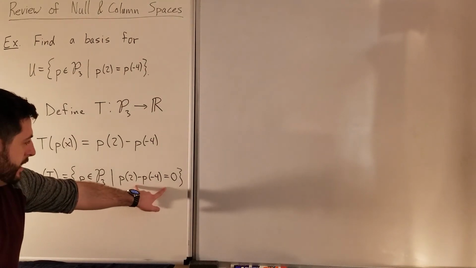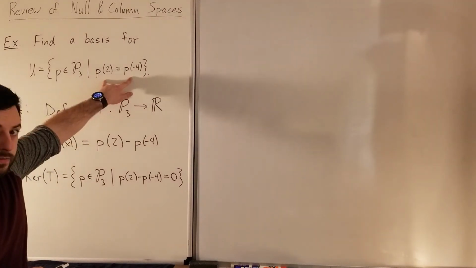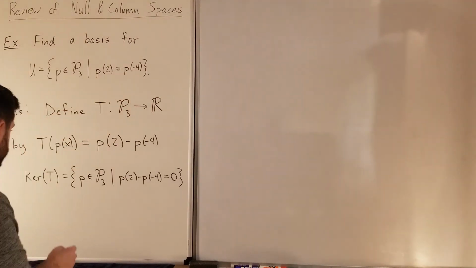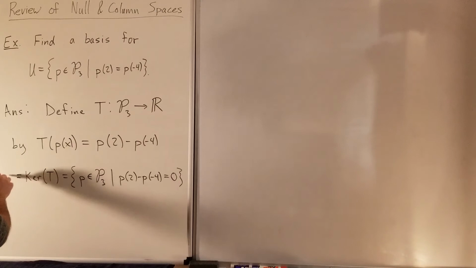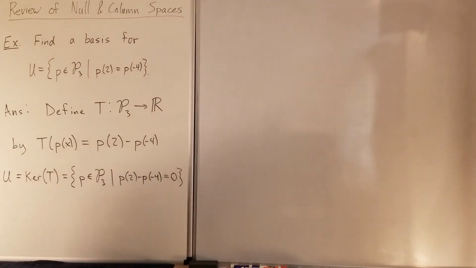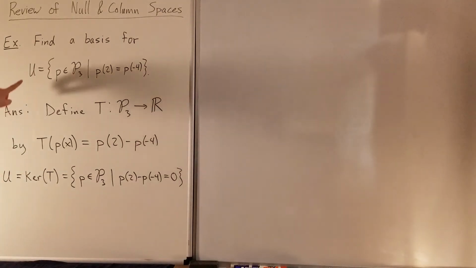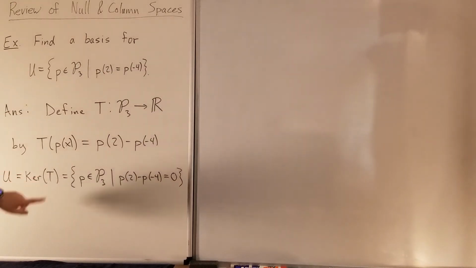So this equation right here is the same thing as this equation, which means that this is equal to U. So finding a basis for U is the same thing as finding a basis for the kernel of T.